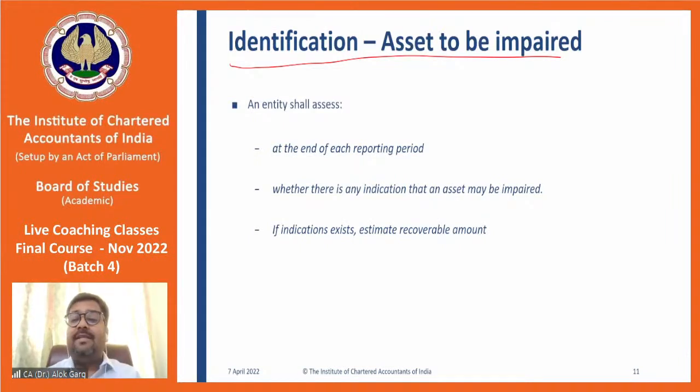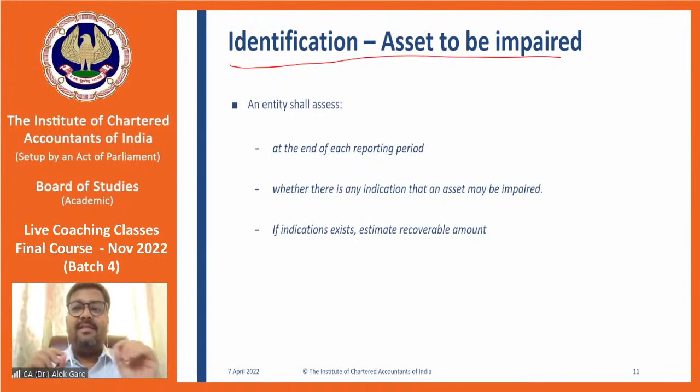Because impairment testing is not a paper exercise, impairment testing is a valuation exercise, right? And management will not agree with this. Why management will not agree with this? Management will not agree because in Ind AS 36 there is a guidance which says that you need to identify which asset may be impaired, and at the end of each reporting period management should identify. And how should management identify?